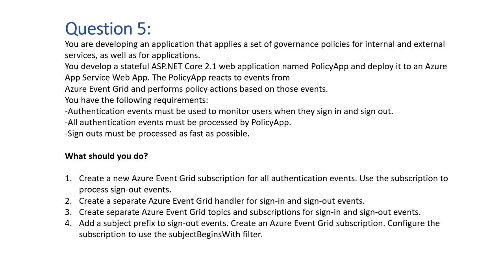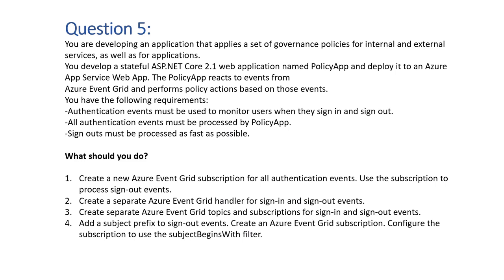The Policy App reacts to events from Azure Event Grid and performs policy actions based on those events. You have the following requirements. Authentication events must be used to monitor users when they sign in and sign out. All authentication events must be processed by Policy App. Sign-outs must be processed as fast as possible. So what should you do in this case?